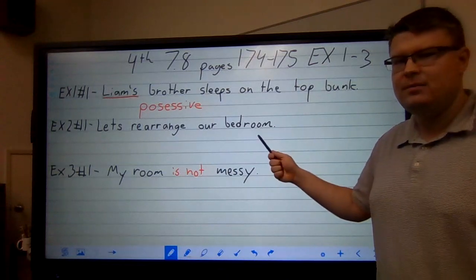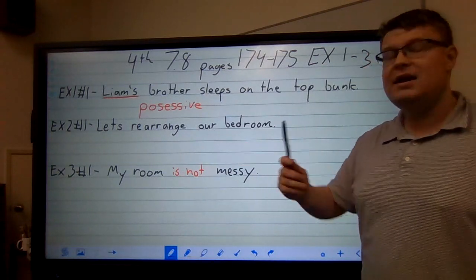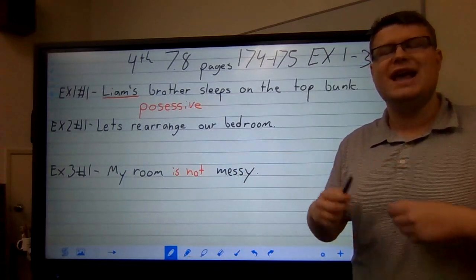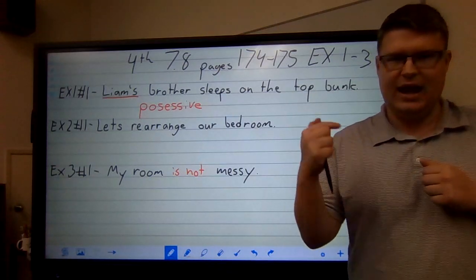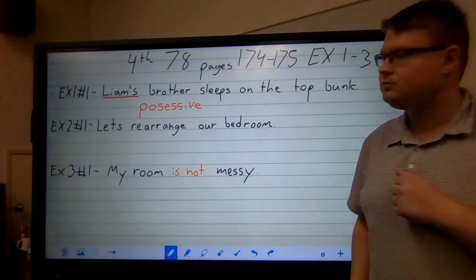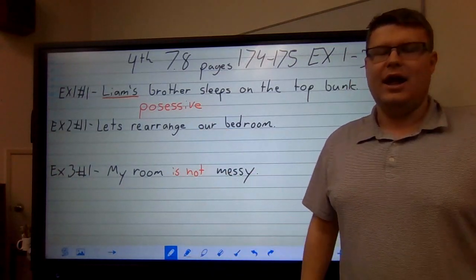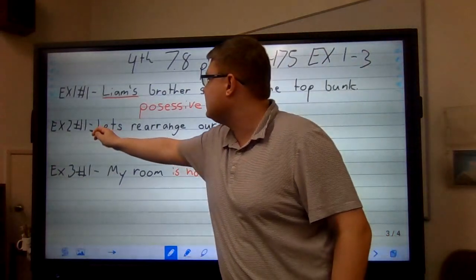It's not a contraction, nor is it showing possession. Our. It is showing possession, but it's not one that we use a possessive. It is not showing one that we would need an apostrophe S for.